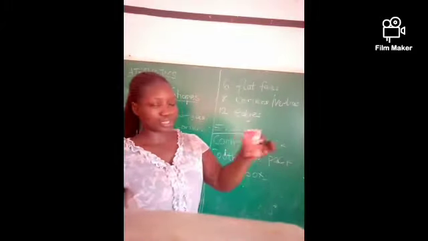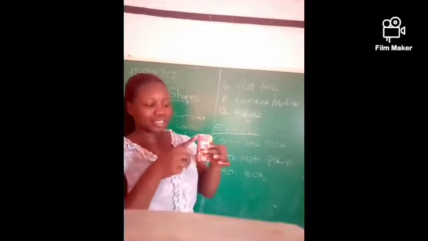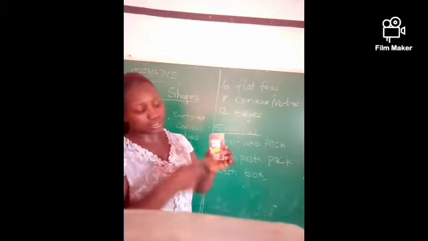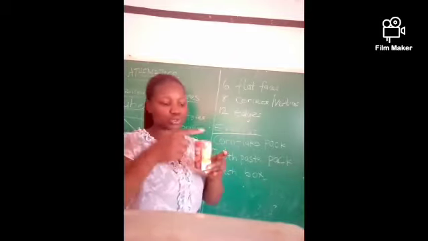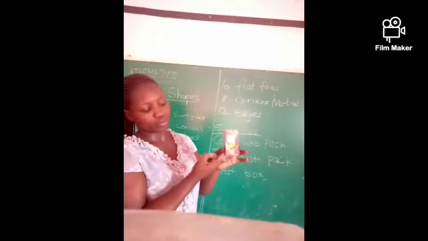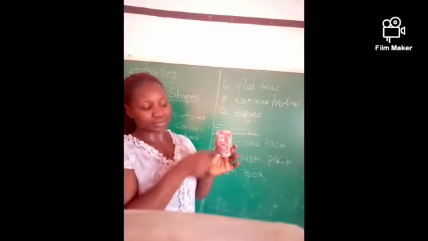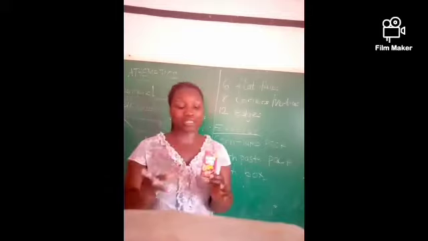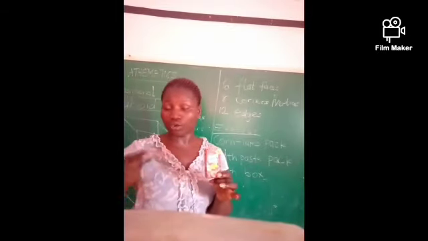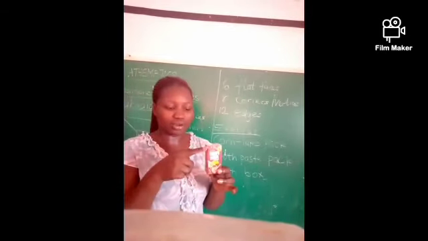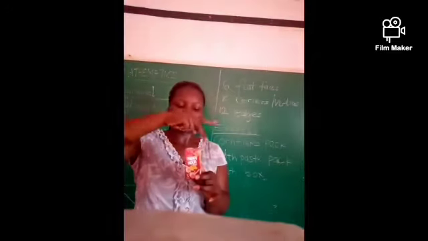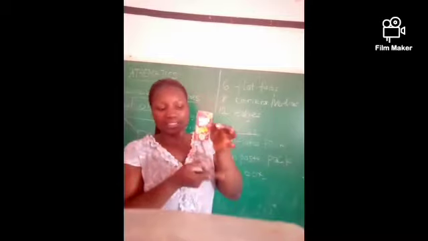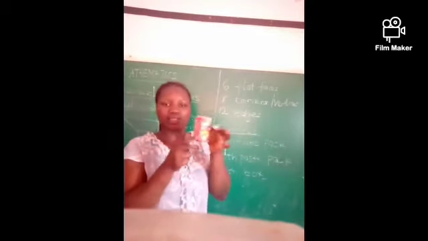Now look at this. It is a cuboid. It has its edges, it has its corners, and it has a flat surface. 1, 2, 3, 4, 5, 6. Those are the flat surfaces. Now when we talk about the corners, which you also refer to as vertices, we have 1, 2, 3, 4, 5, 6, 7, and 8 corners.